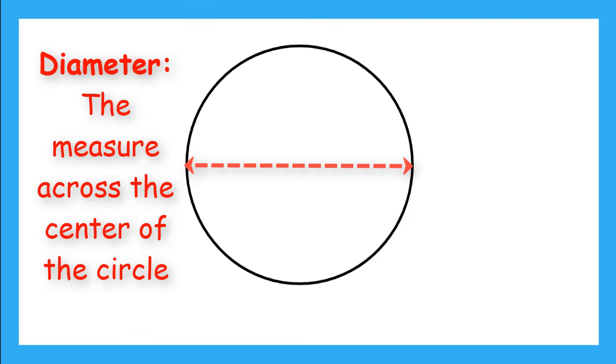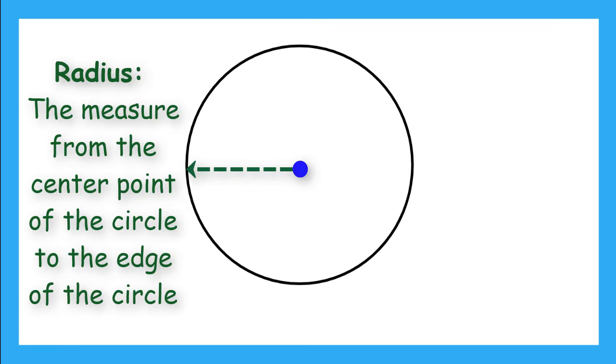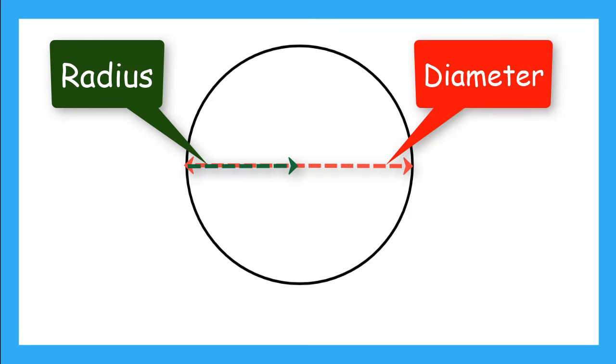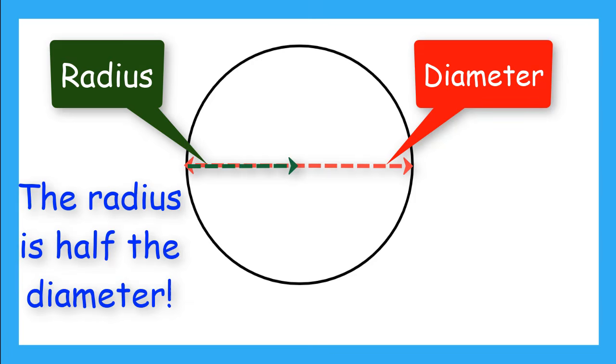It is the measure of the distance across the center of the circle, like this. We can also measure the distance from the center of the circle to the outer edge, like this. This one is called the radius of the circle. Do you notice any relationships between the diameter and the radius? That's right, the radius is half of the diameter.